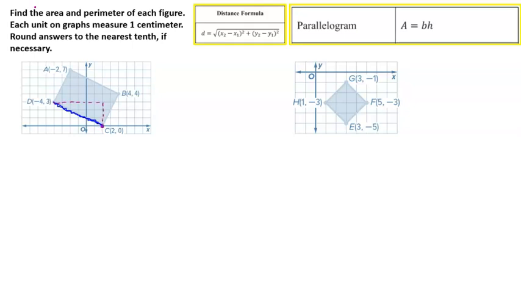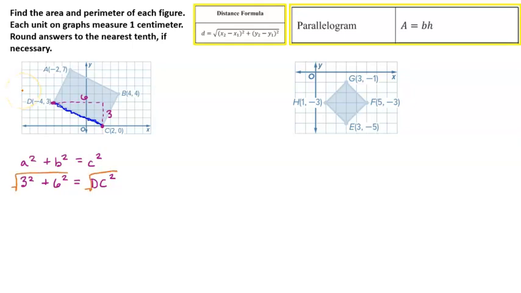And so from here to here, I'm going 3 here on the side, and then 1, 2, 3, 4, 5, 6 here on the top. So a squared plus b squared equals c squared, and I'm going to use 3 squared plus 6 squared equals c squared, and then I'm just going to take the square root.